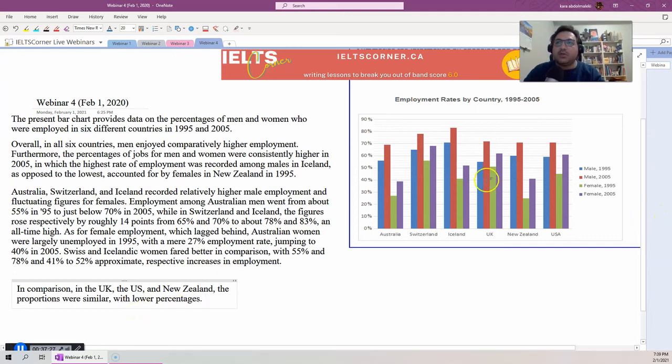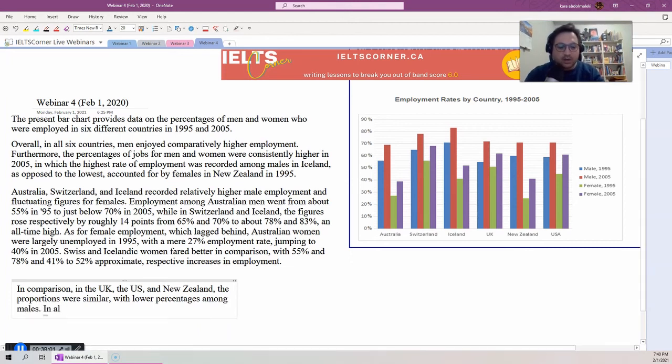Because as you can see here, if you compare Australia, Switzerland, Iceland, you can see that the percentages were higher. But here you can see that the percentages are lower, but the proportions are the same. And women, it's fluctuating for women, right? Maybe we should add that there.